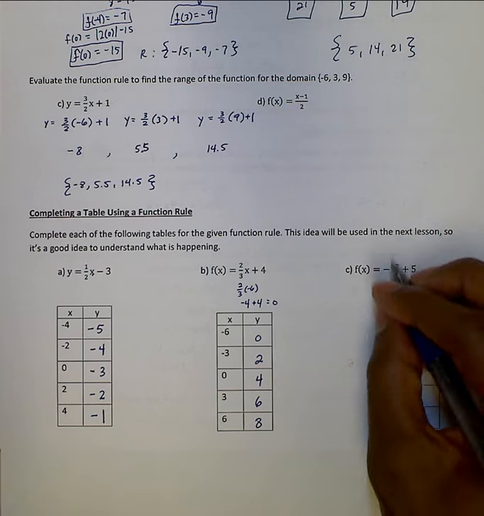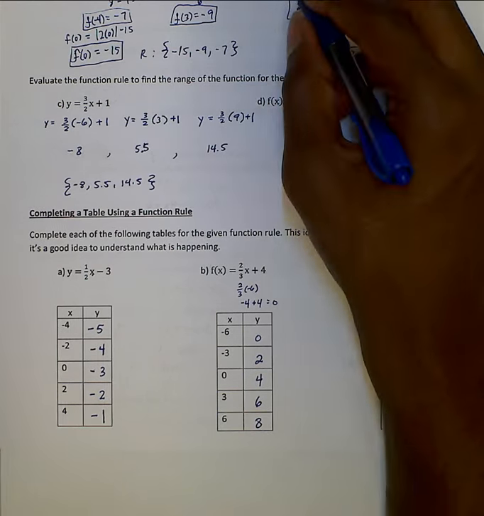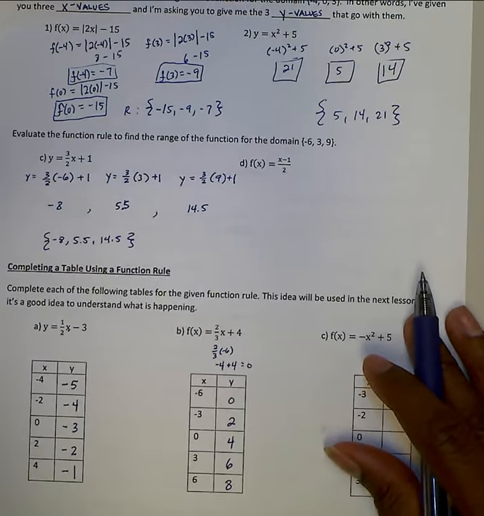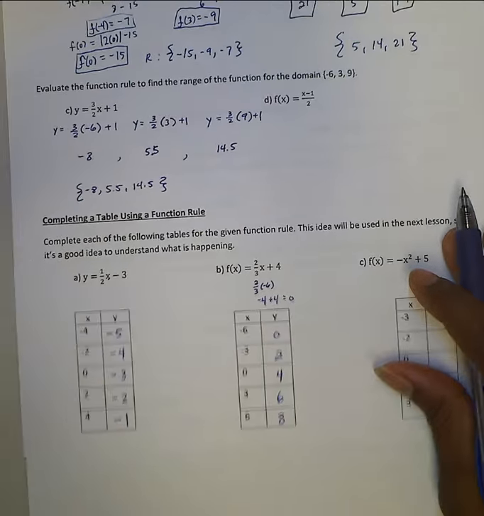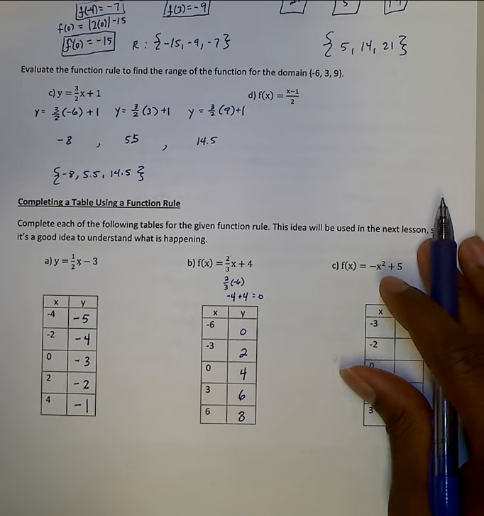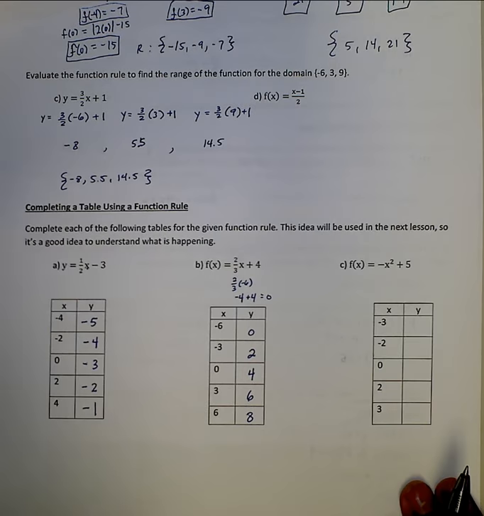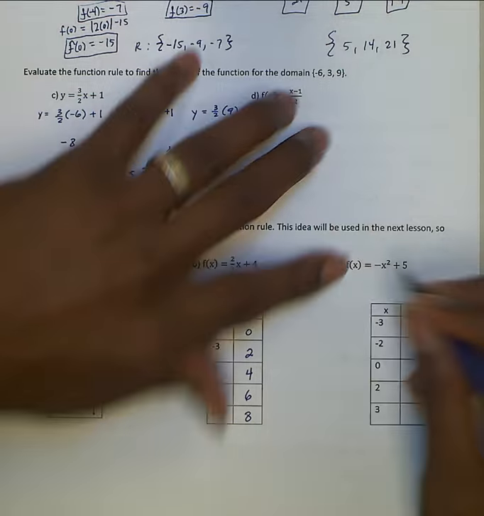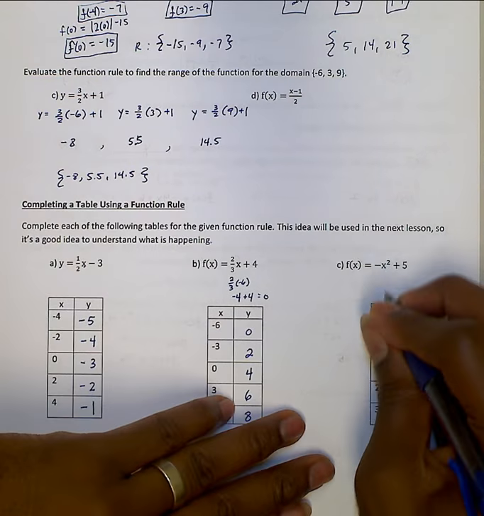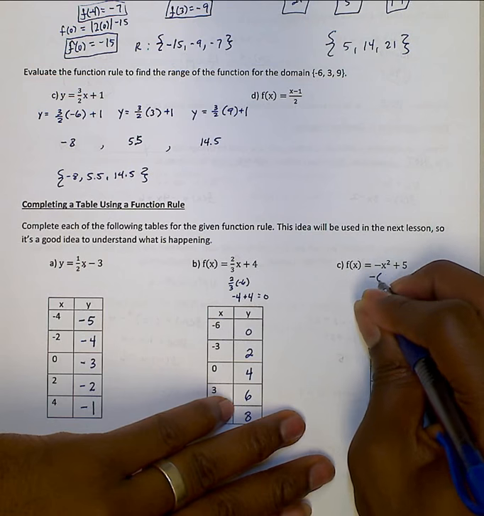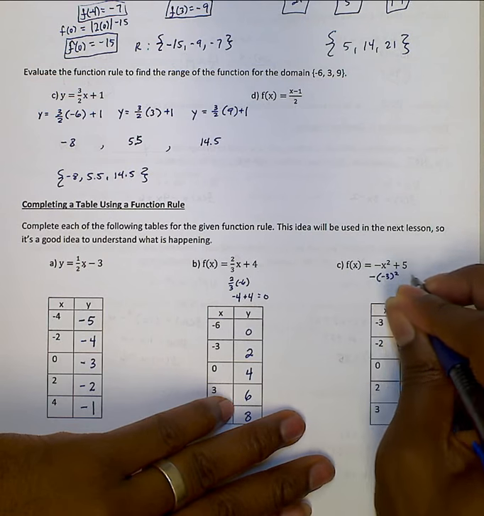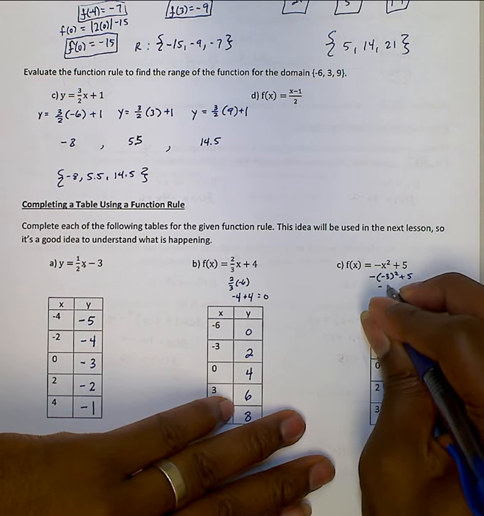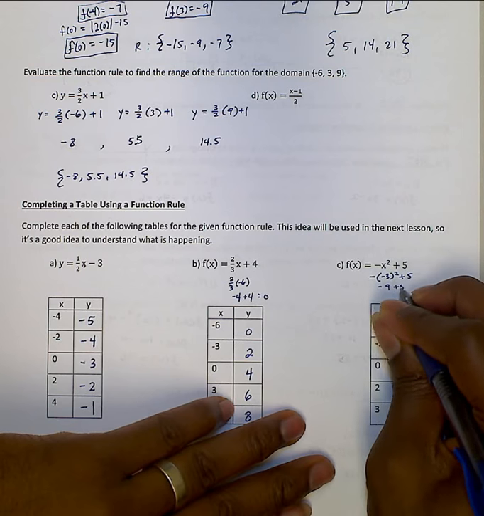I made a point of this up here with number 2, making sure that you pay attention to where the negative sign is, and so we get to practice that on this problem. Here the negative sign is outside of x, so when we plug in -3, we'll have -3 squared plus 5. -3 squared is 9, but then the negative makes it -9. -9 plus 5 is -4.